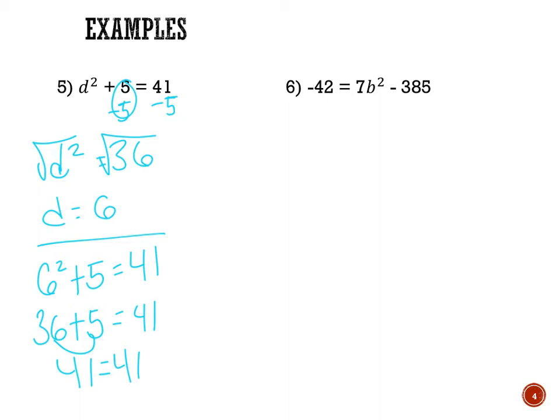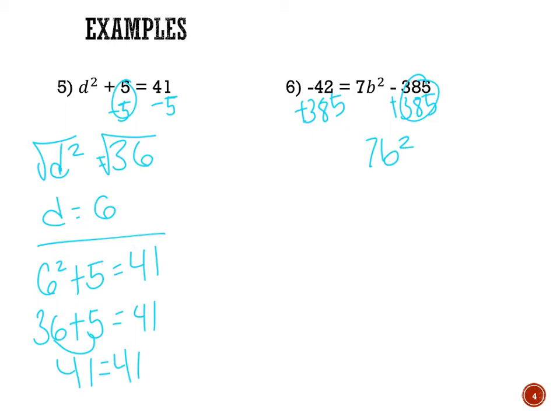Number 6, negative 42 equals 7b squared minus 385. So I'm going to add 385 to both sides. Negative 385 plus 385 equals 0. So it leaves me 7b squared on the right.